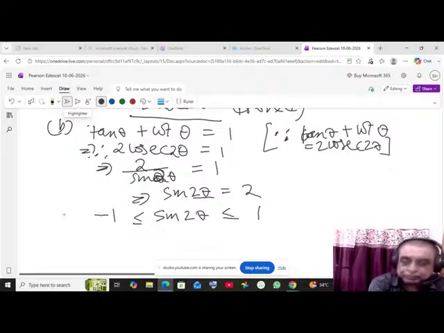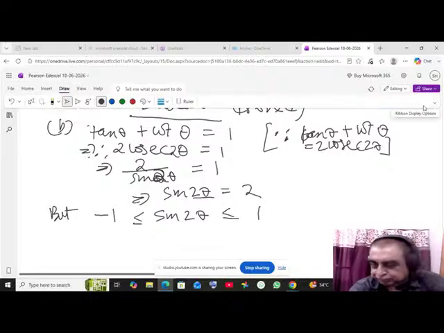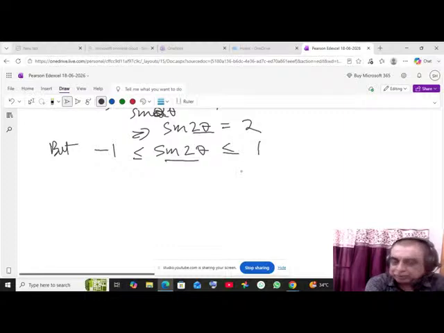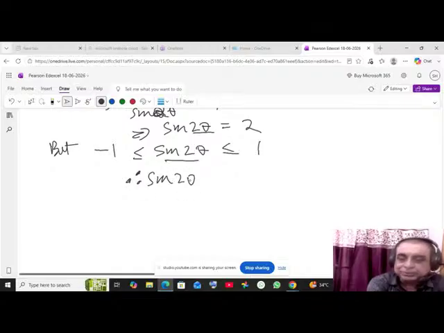But sine value is always between minus 1 and plus 1. So this is impossible. Therefore, sin 2 theta equal to 2 is not possible.